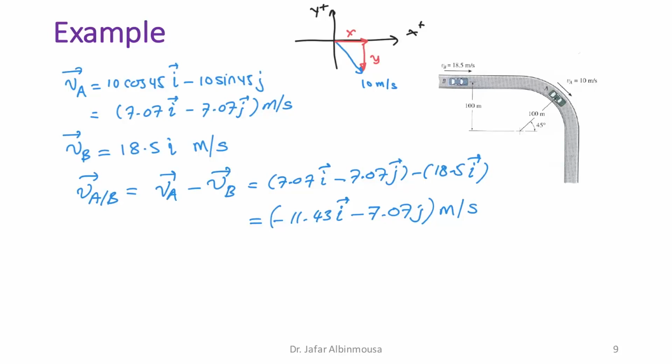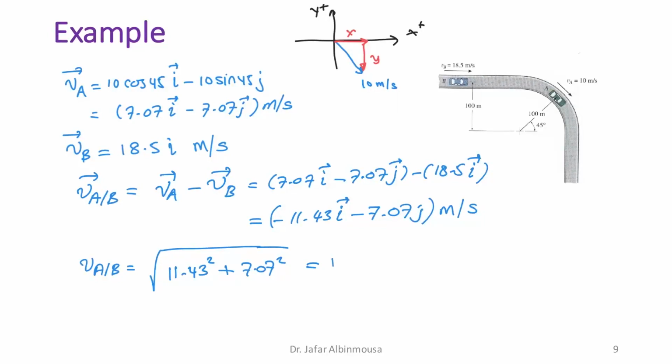Now, if we want to get the magnitude, we need to square each component under the square root, which is 11.43 squared, we just did not write the minus sign because the square of the sign is positive, plus 7.07 squared, again without the minus sign since its square is positive.